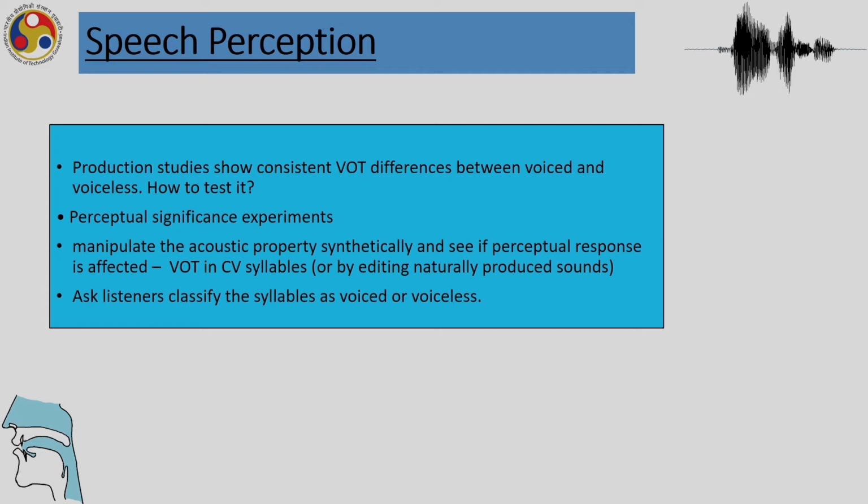Perceptual significance experiments manipulate the acoustic property synthetically or edit it, and see if perceptual response is affected. So, suppose VOT in CV syllables, and it can also be done by naturally editing produced sounds, and listeners are asked to classify the syllables as voiced or voiceless.